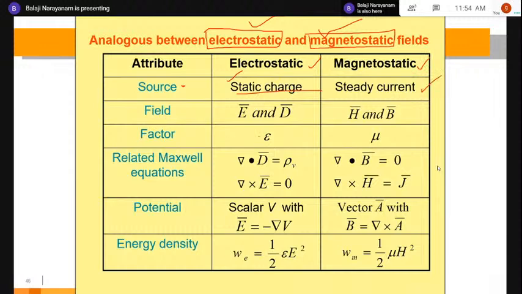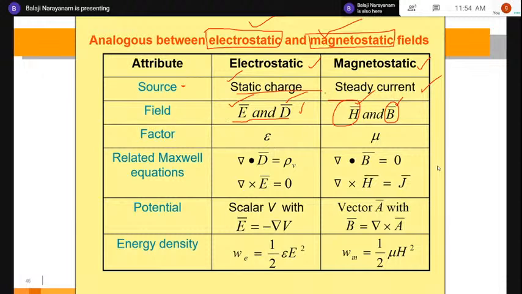In electrostatics, the field is represented by electric field intensity E bar and electric flux density D bar. Similarly, in magnetostatics, we represent magnetic field intensity with H bar and magnetic flux density with B bar. These are the two important analogous parameters.